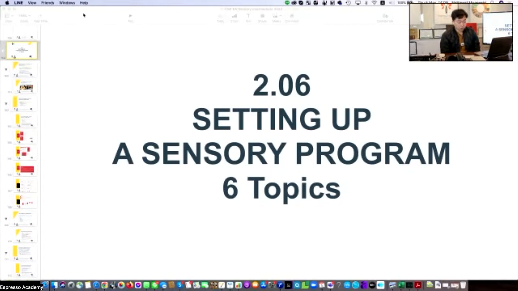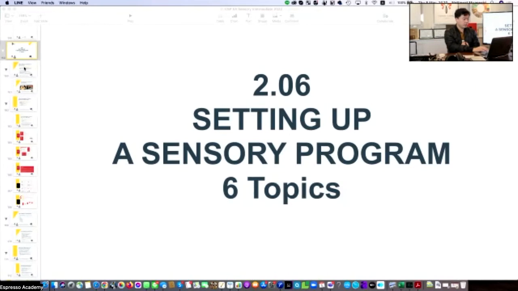If you want to score, that means you need to calibrate. But if you want to confirm whether there is a difference in your coffee or not, then maybe you need to do some required testing: the basic tastes, sweet, sour, salty, and the level of intensity of those. That is just how you choose the people for your sensory program.